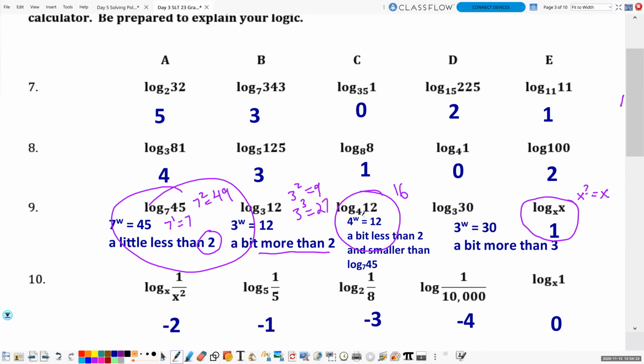Are we good on number 9 person? Okay. A lot of people want to talk about 11E and 11D, and then some others.